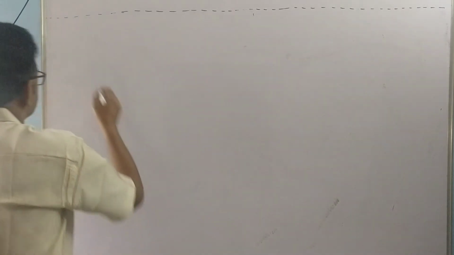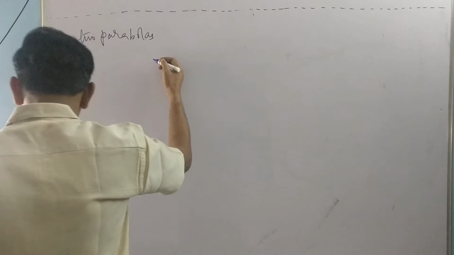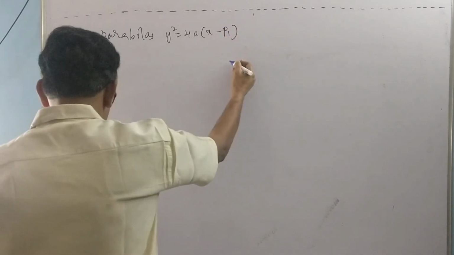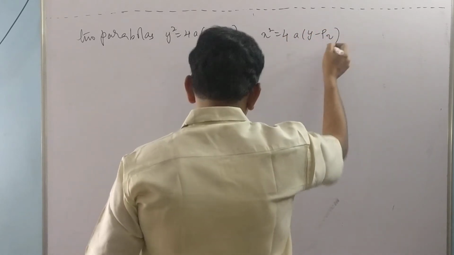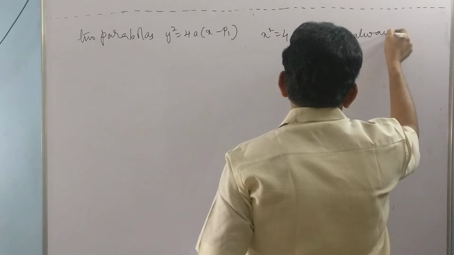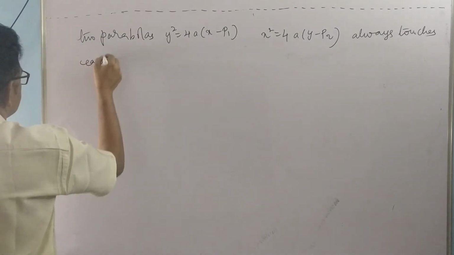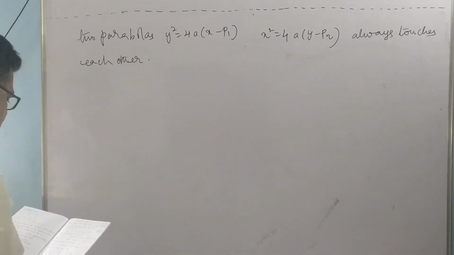Next one. Two parabolas y² = 4a(x - p1) and x² = 4a(y - p2) always touch each other, where p1, p2 are some parameters.